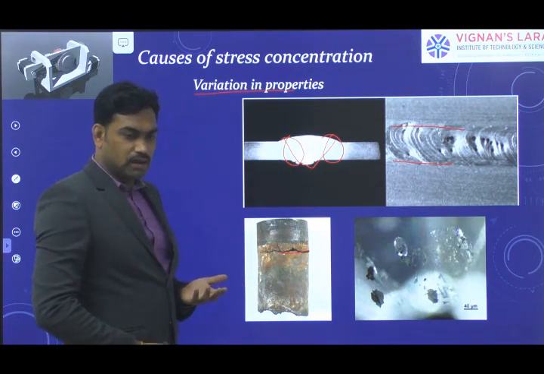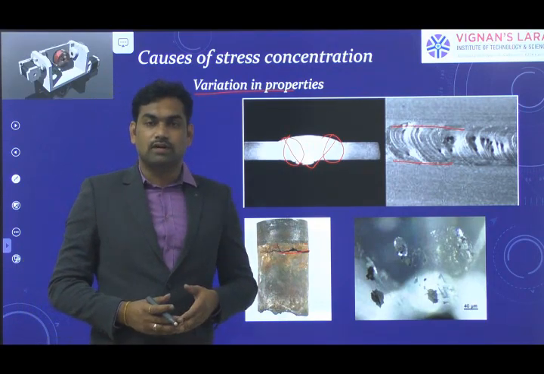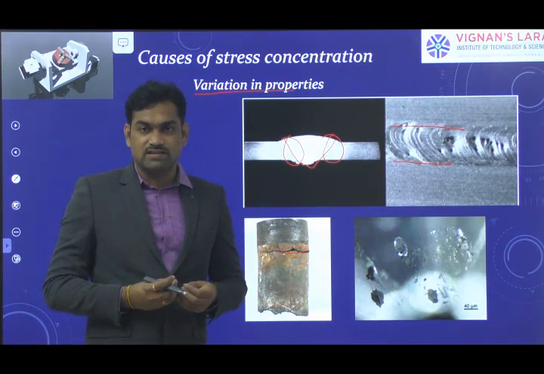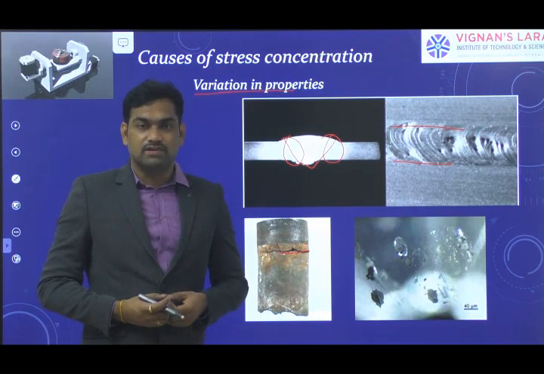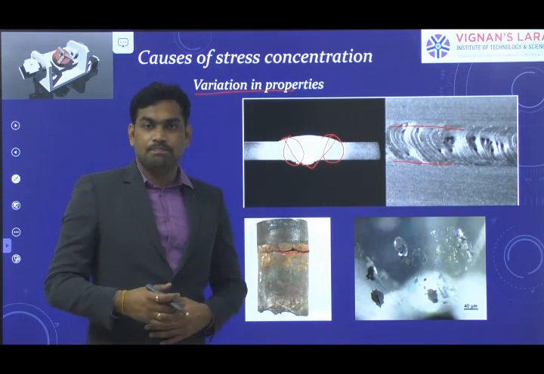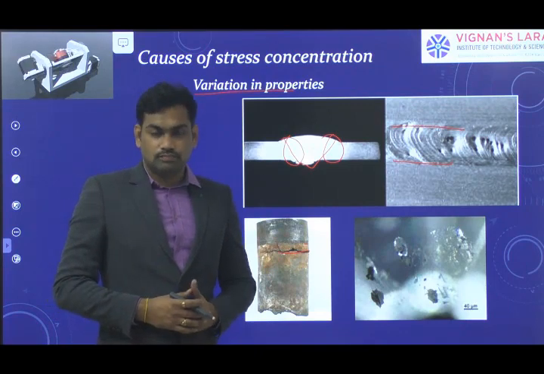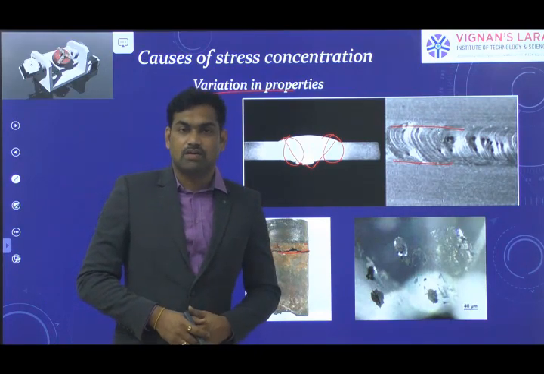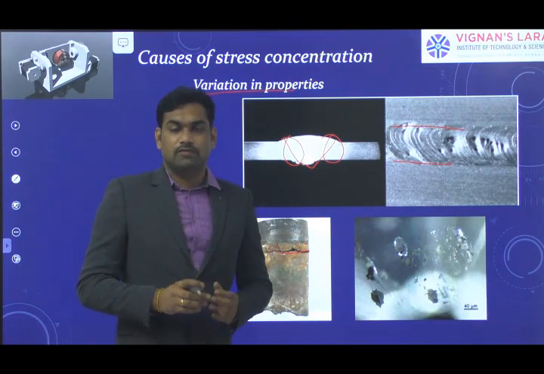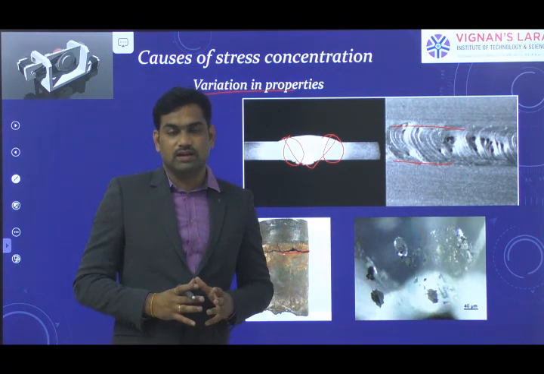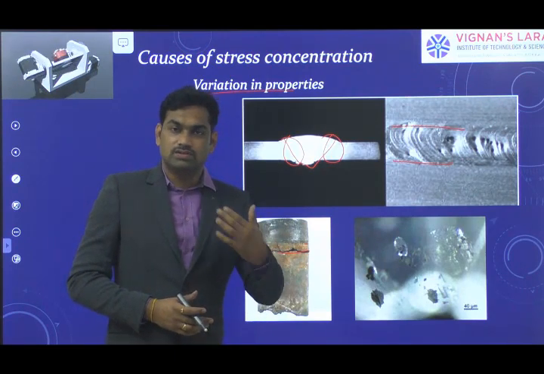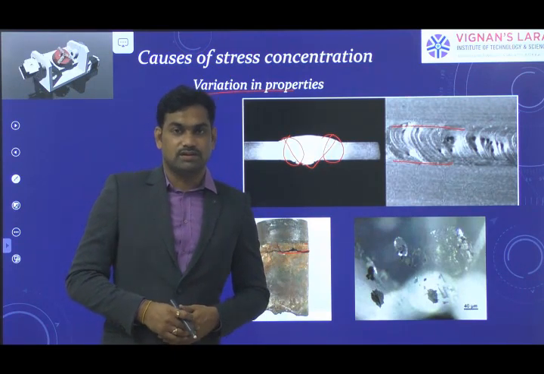Cracks cannot be observed with the naked eye, but under a microscope you can observe various cracks on the surface of the machine component. Due to that, a greater stress is induced, which we call stress concentration, concentrated at one particular cross-sectional area or one particular point of application of load.